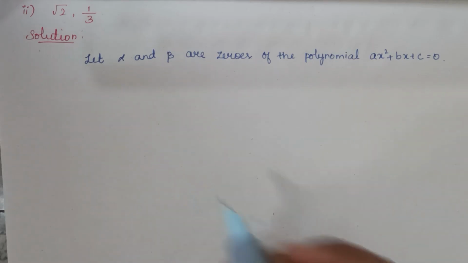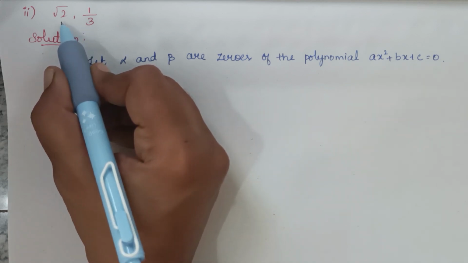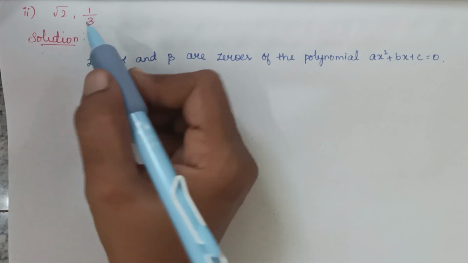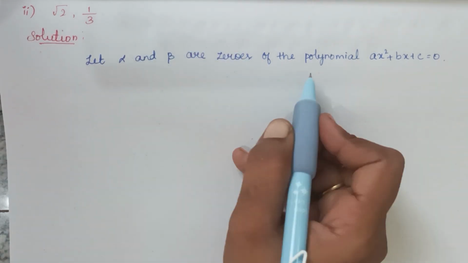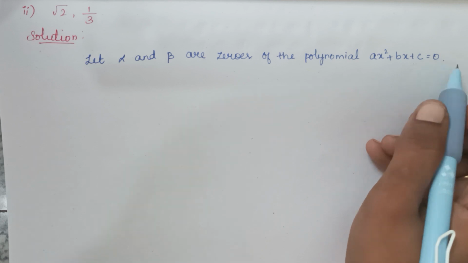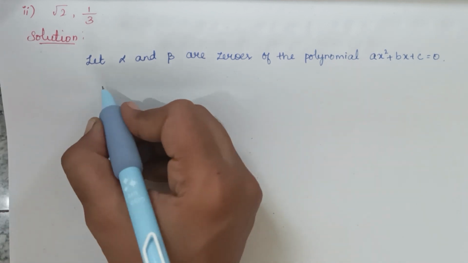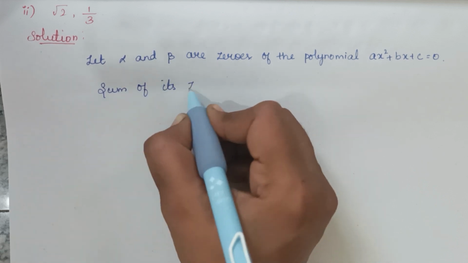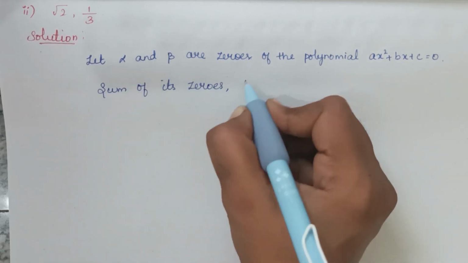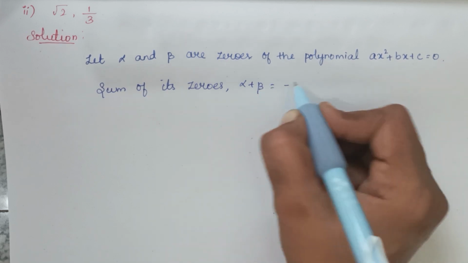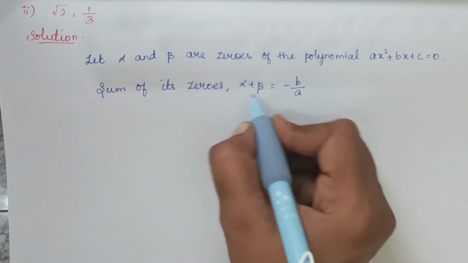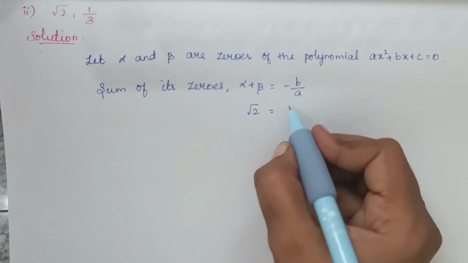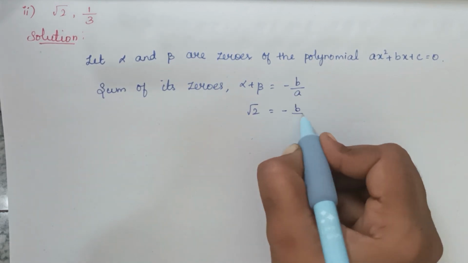Now the second sum: the sum of its zeros is root 2 and the product of its zeros is 1 by 3. Let alpha and beta be the zeros of the polynomial ax square plus bx plus c. Now we substitute in the formula for the sum of its zeros: alpha plus beta is equal to minus b by a. So root 2 is equal to minus b by a.